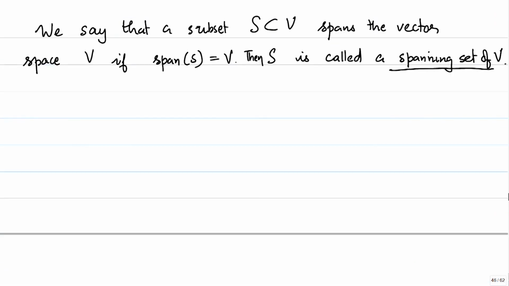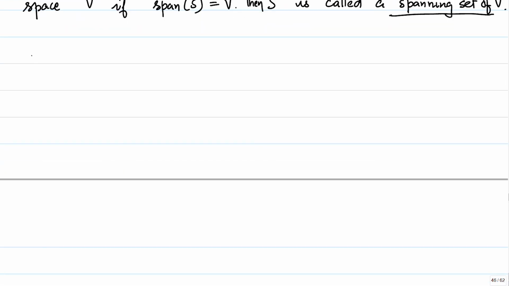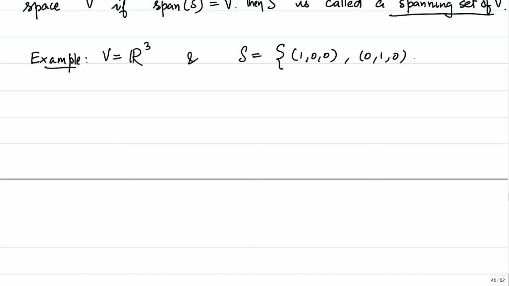Let's look at some examples. The first example would be to consider, say, R3. Let V be equal to R3 and S be equal to the set (1,0,0), (0,1,0) and (0,0,1).